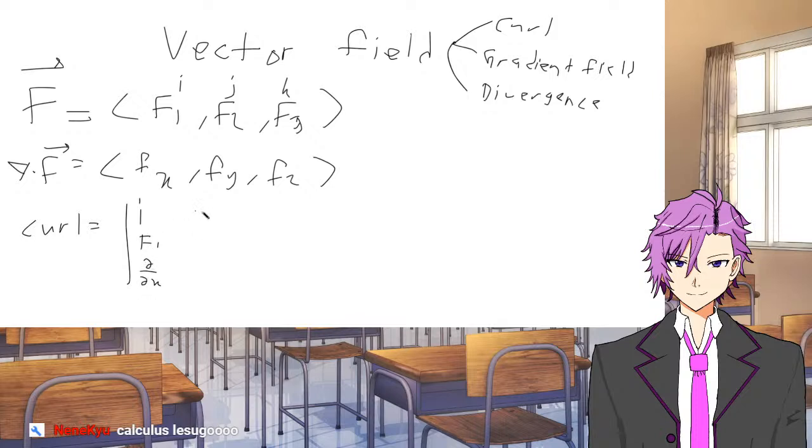You can't actually exchange this d over dx with J or K. It has to remain like that. So J, F2, d over dy, and K, F3, d over dz.